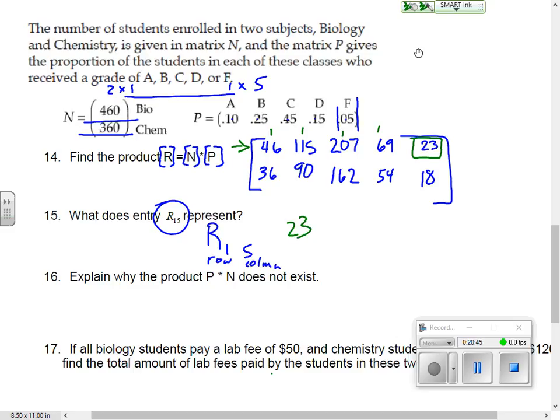Well, where do we get this number? 23 was the result of multiplying 460 by 0.05. 460 biology students, 5% made an F. So 23 is the number of F's in biology.